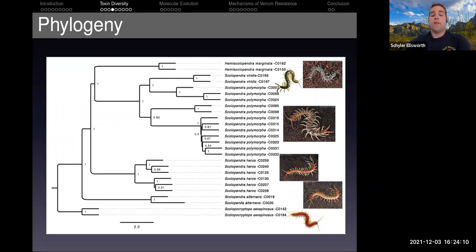Most of these were found to be just species pairs. However, there were a few species that I thought could potentially be broken up into multiple species, and with some more work could be elevated to their own species.